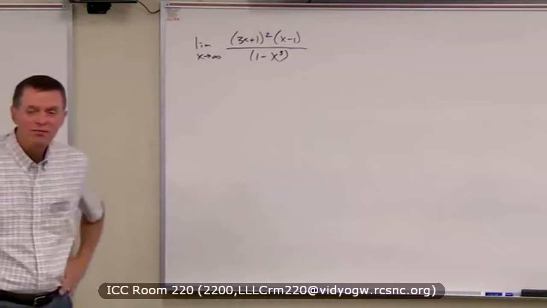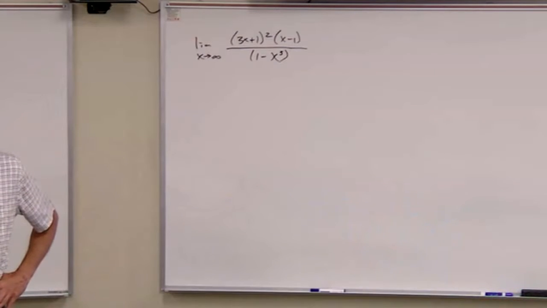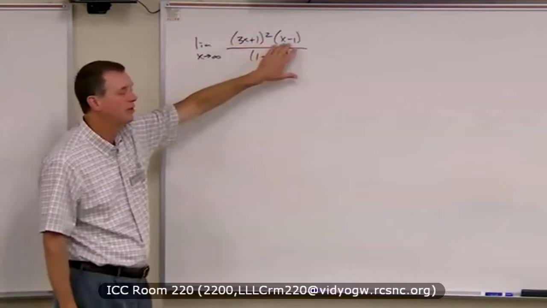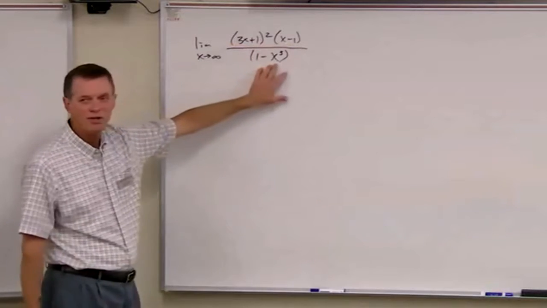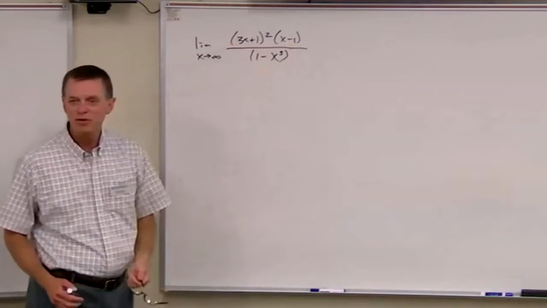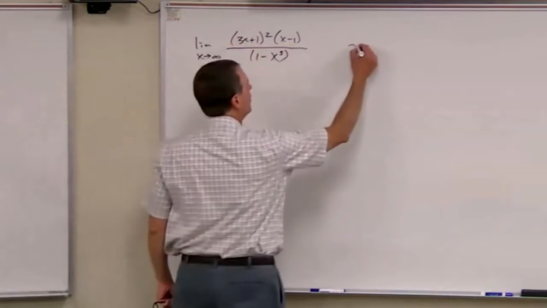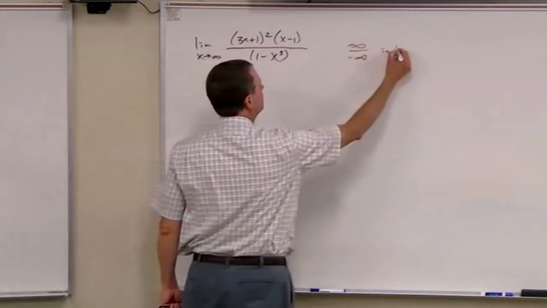If you just try to plug in infinity into that, what do you observe? Infinity squared times infinity, which is like infinity cubed. Here you got an infinity cubed, so we've got infinity cubed over negative infinity cubed. That's indeterminate. And then infinity over negative infinity, which is indeterminate.